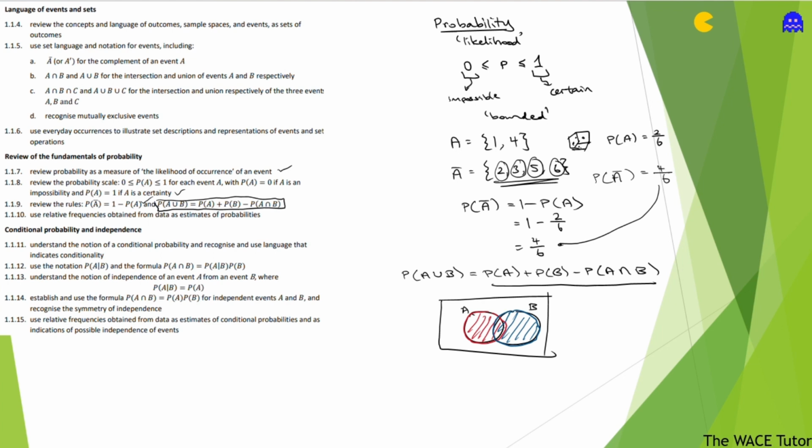So then, the probability of A intersect B refers to this part here. If we add the probability of A and the probability of B, then we count the probability of A intersection B twice. As a result, we need to subtract away one probability of A intersection B to get to our probability of A union B. And so this formula and this equation holds.